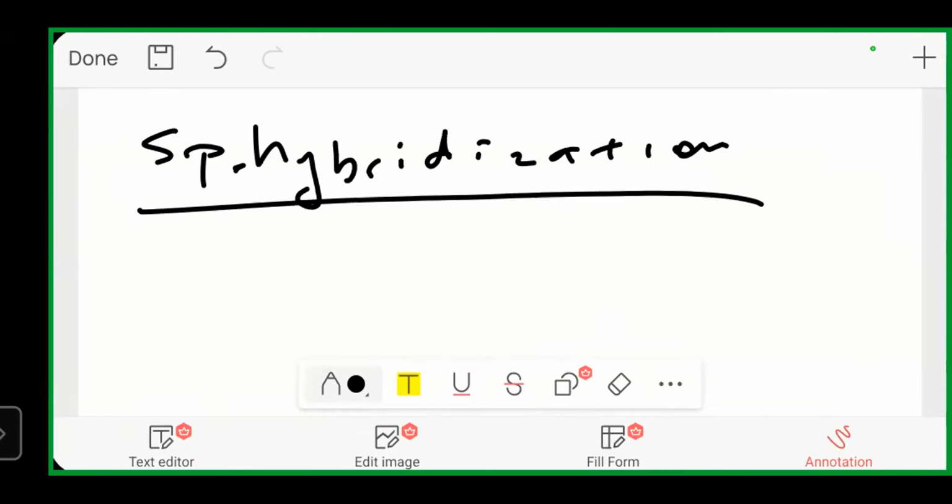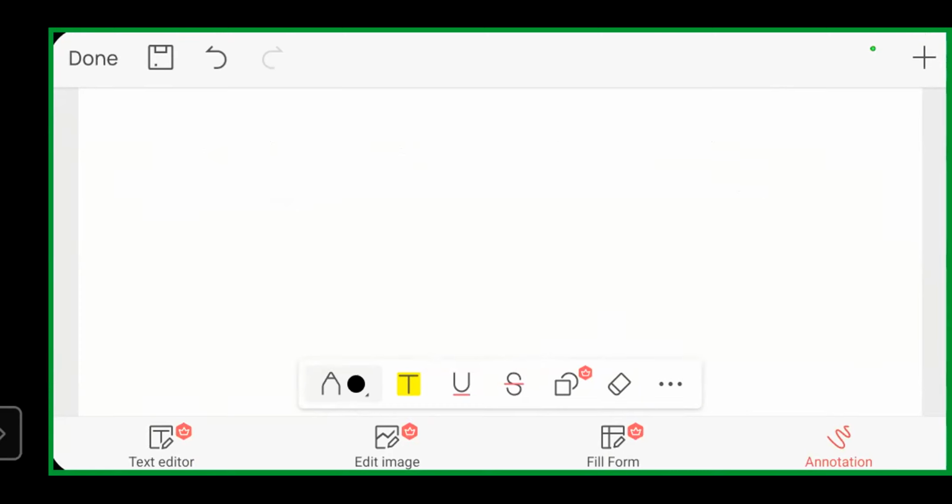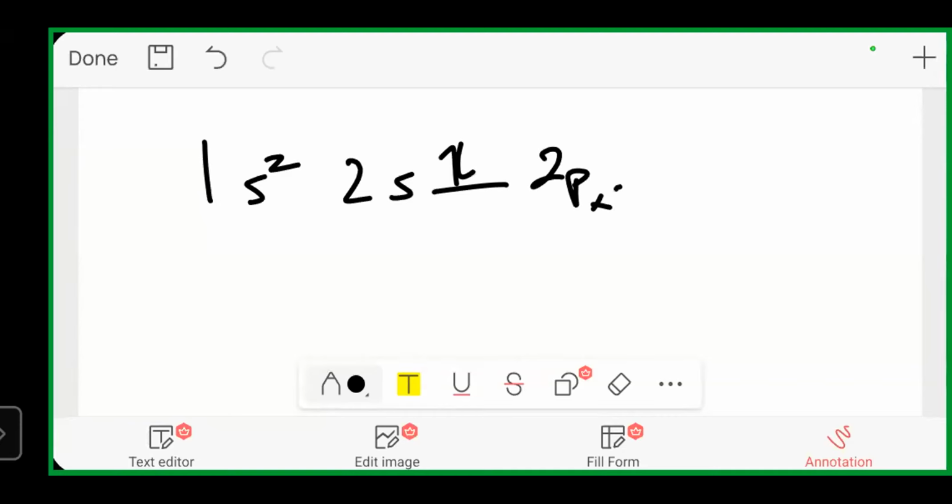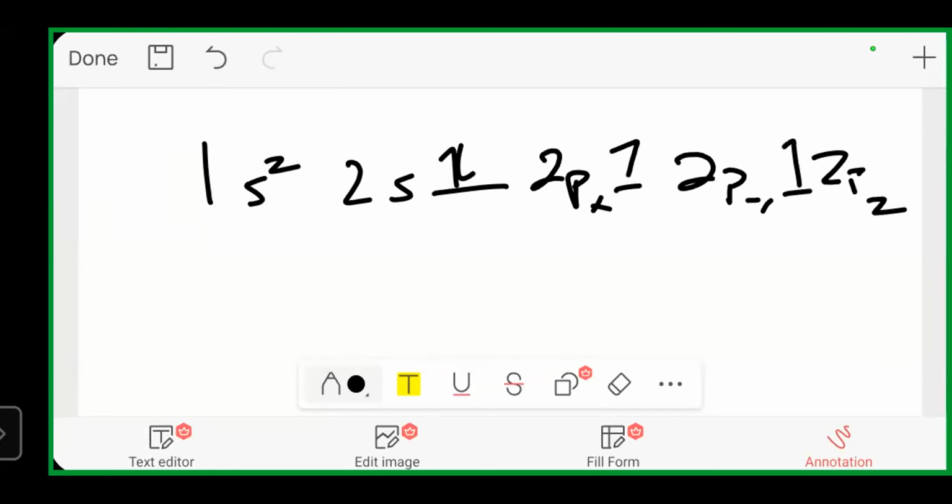If we think about sp3 and sp2, what do we have to do to make the sp3 hybridized carbon? We took, and I'm just going to write this, 1s2, 2s with 2 electrons, and then 2px, 2py, and 2pz, right? And it's 1, 1, and none. Is that right?